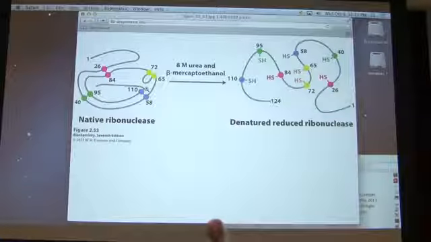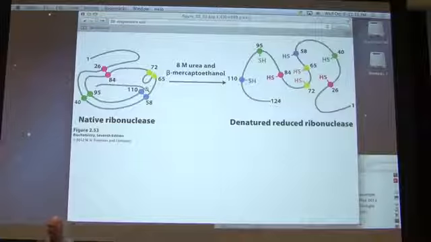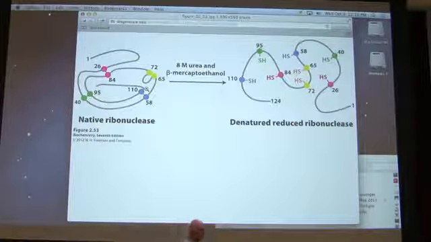Okay, so the last force that I want to talk about that helps to stabilize the tertiary structure of proteins is one that's a little hard to describe, but you sort of know it. It's what we call hydrophobic interactions. Now, hydrophobic interactions we've already sort of talked about last lecture.